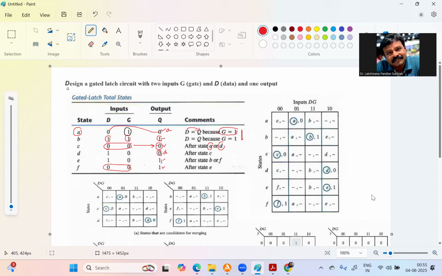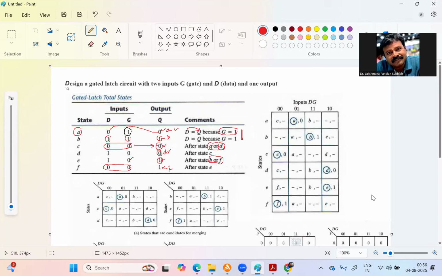These are the two cases, after B and after F. B is 1 and F is 1, so this retains 1. Even though you are applying 1, the gate is 0, so the existing value is retained. So that is the state after B or F. Here after A or D, because we have 0, the other zeros are A and D. Then it will have 0.